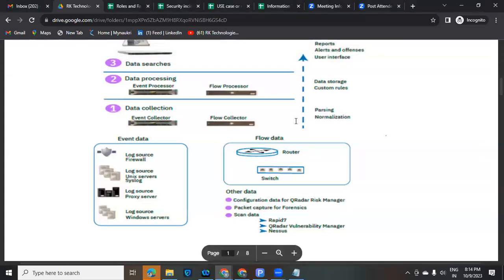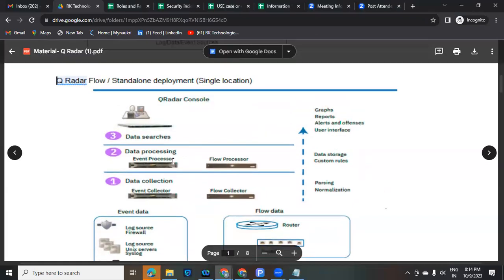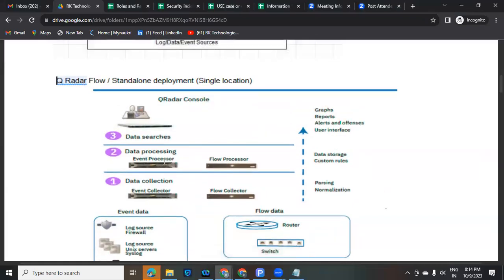You can see on the right side, those logs will go to our event processor or flow processor. Then it will complete indexing, querying, and filtering. Whatever logs are processed, it will store in the node, which is for storage purposes.